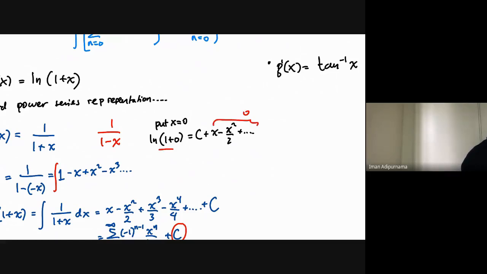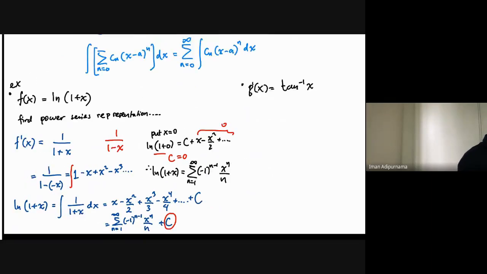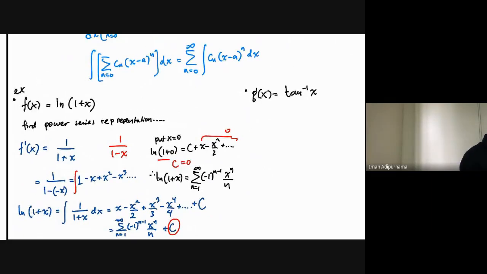Also because ln 1 is 0, C is also 0. So the conclusion is ln of 1 plus x is equal to the sum of these terms, and don't forget that the absolute value of x should be less than 1.